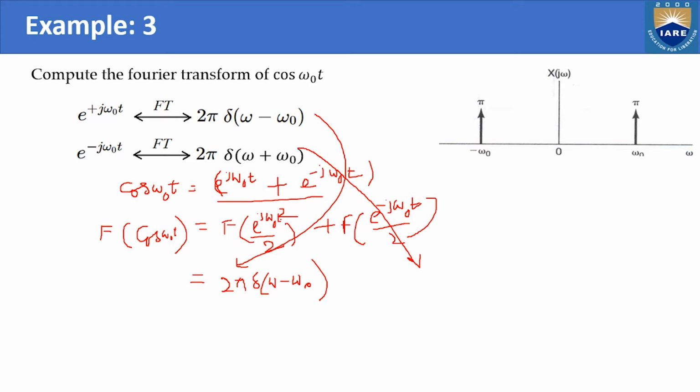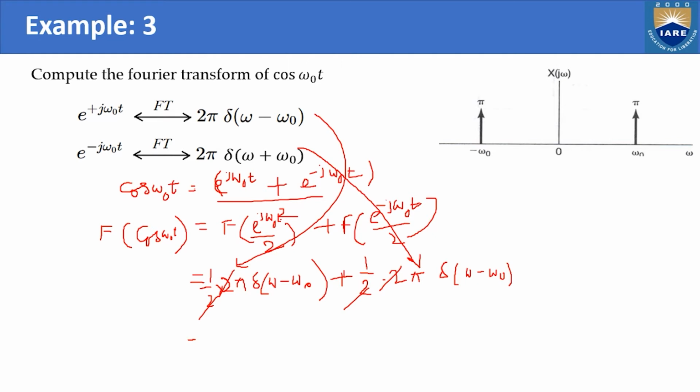And this half is there, the half will come out. Similarly here also half will come out. Then the Fourier transform of e to the power of minus j omega naught t is nothing but 2 pi delta of omega plus omega naught. So the 2 will get cancelled here, and 2 will get cancelled here.